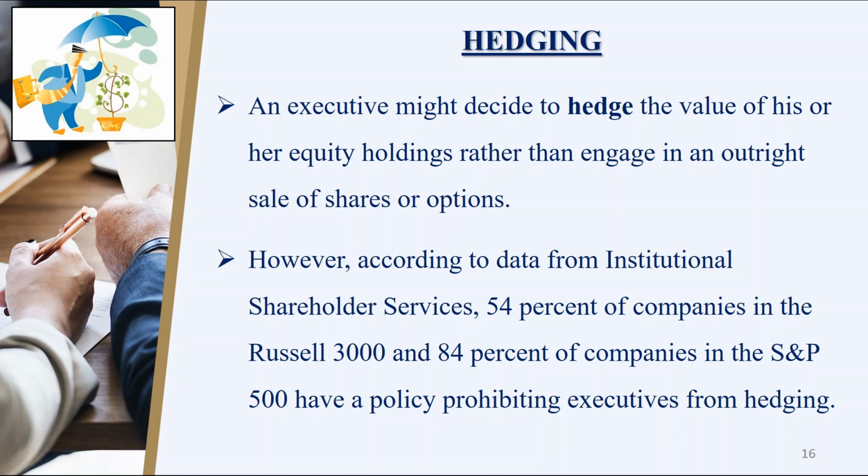Therefore, in this situation, an executive might decide to hedge the value of his or her equity holdings rather than engaging in an outright sale of shares or options. However, according to data from Institutional Shareholder Services, 54% of companies in the Russell 3000 and 84% of companies in the S&P 500 have a policy prohibiting executives from hedging.